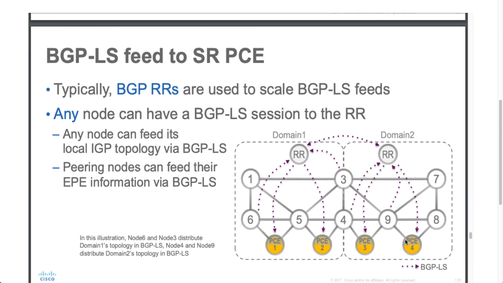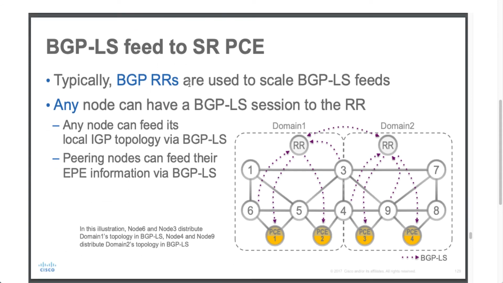Now here it says BGP-LS is being fed to SR-PCE. Typically BGP RRs, which happen to be route reflectors, are used to scale BGP-LS feeds. So all of the typical devices neighbor with your RR, and your RR will have SR-PCE as the neighbor. That means whatever these RRs are learning from the network, they will feed that information over BGP-LS.